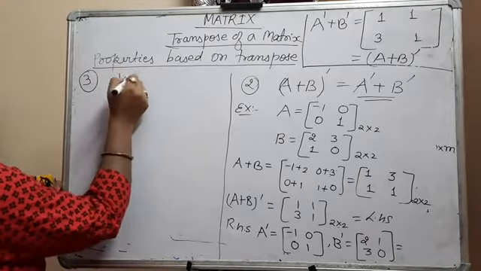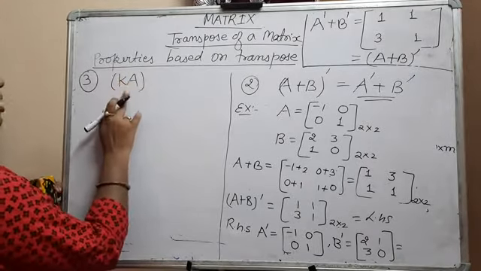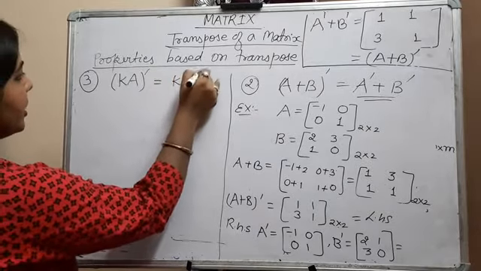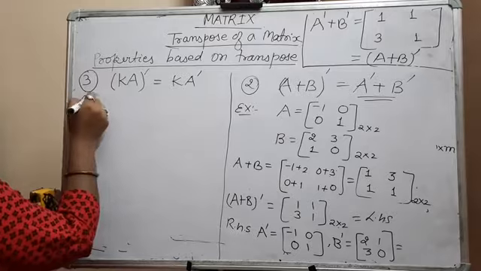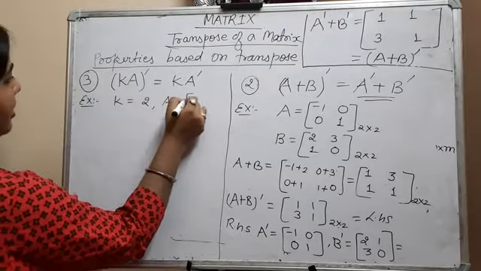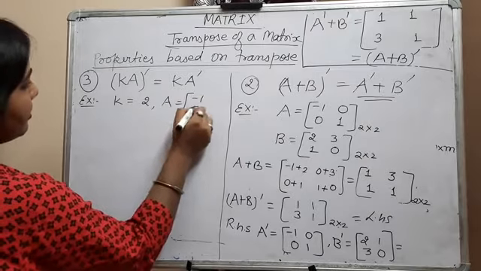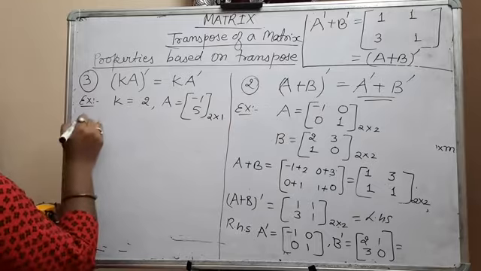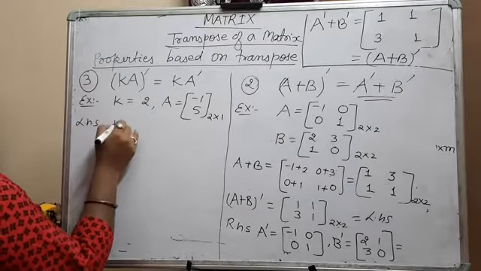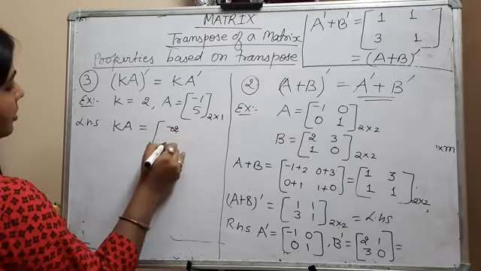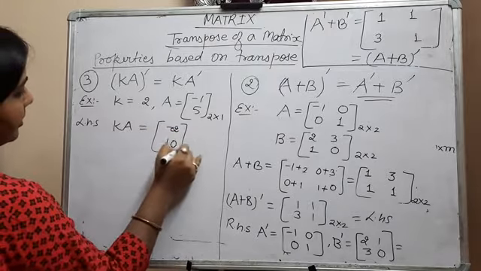Now the third property we will discuss is based on multiplication of a matrix by a scalar quantity. When we take the scalar product with the transpose, this value will be equal to K A dash. For the example, I am taking K as 2 and A as minus 1, 5, of order 2 by 1, 2 rows and 1 column. First I am finding the LHS part, KA, which is minus 2 and 10.